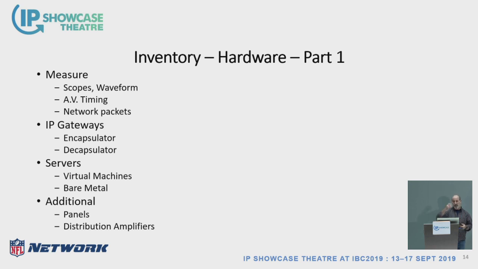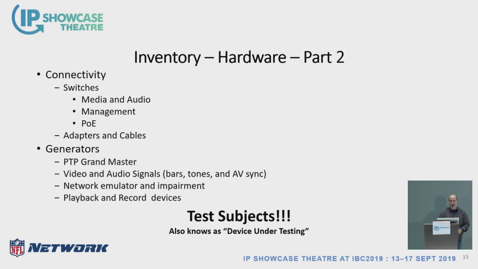Servers, we have bare metal and virtual machines. So as you guys just heard the Telos guy talking about VMs, we have a couple of VMs that we are using for certain things, and we have a couple of systems that are still not certified or validated for virtual machines, so we have bare metal to put them in. As well as, again, panels and DAs to generate more content and try to get closer to the scale that we were trying to reach.